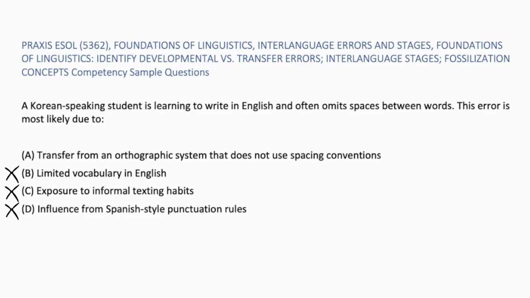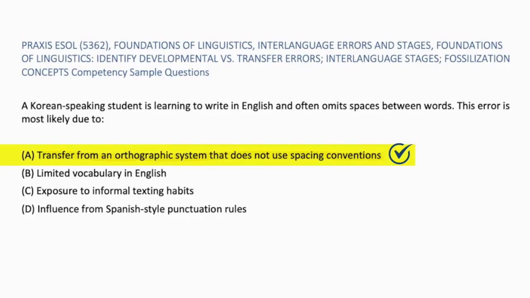The difference is in punctuation, like accents or inverted question marks, not spacing. The correct answer is A. The Korean writing system traditionally uses less spacing between words, leading to negative transfer in English writing where word separation is essential. This error reflects a structural feature of the L1 orthographic system affecting L2 literacy development.